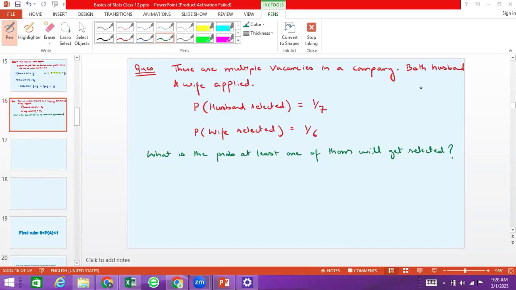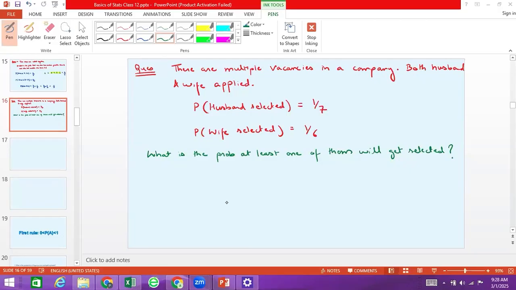The probability of husband and the probability of wife getting selected are related, right? So if we do probability of husband or wife, it is probability of husband plus probability of wife minus probability of both husband and wife. Yeah, that's one way of solving it.